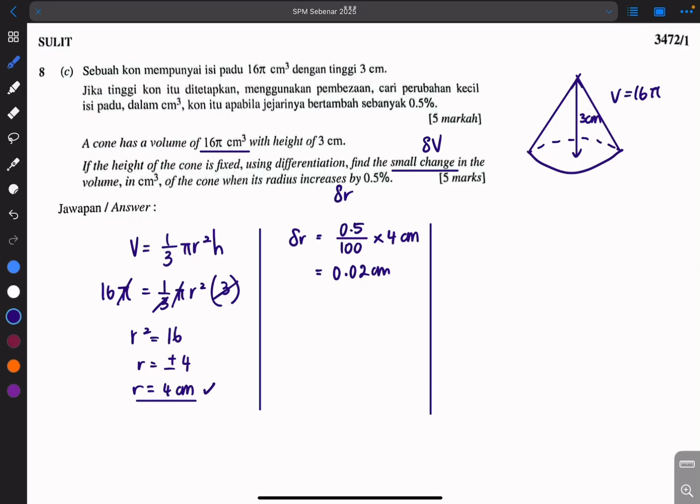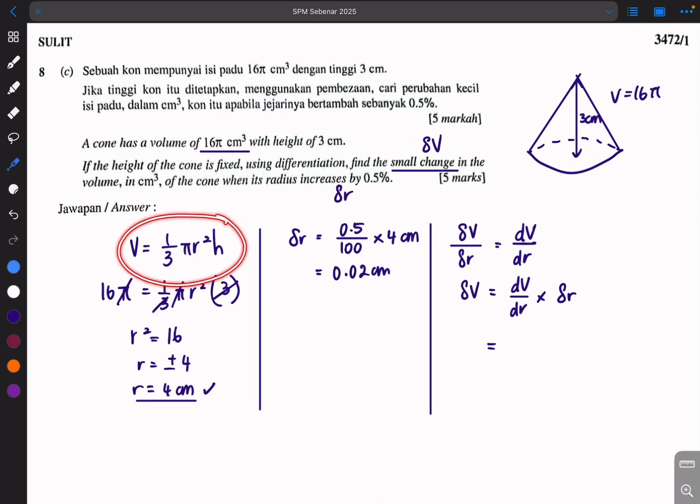So we want to find the change in volume. The formula would be delta V over delta R equals dV dr. So delta V would be dV over dr times delta R. V is this, and they already said height is constant 3.